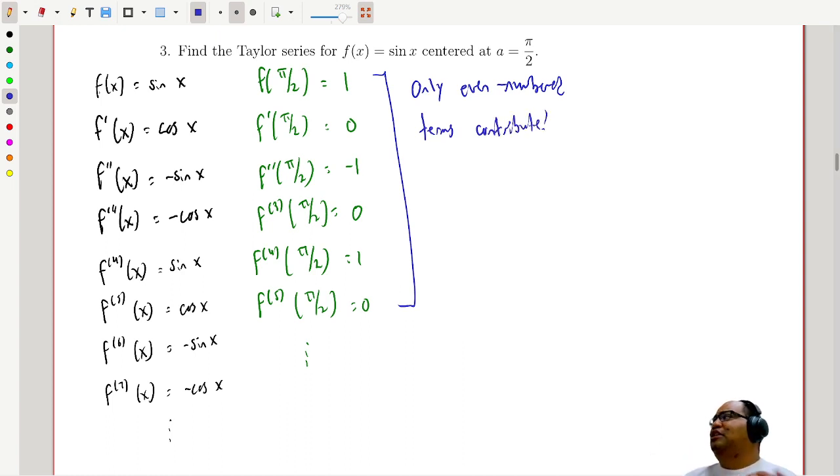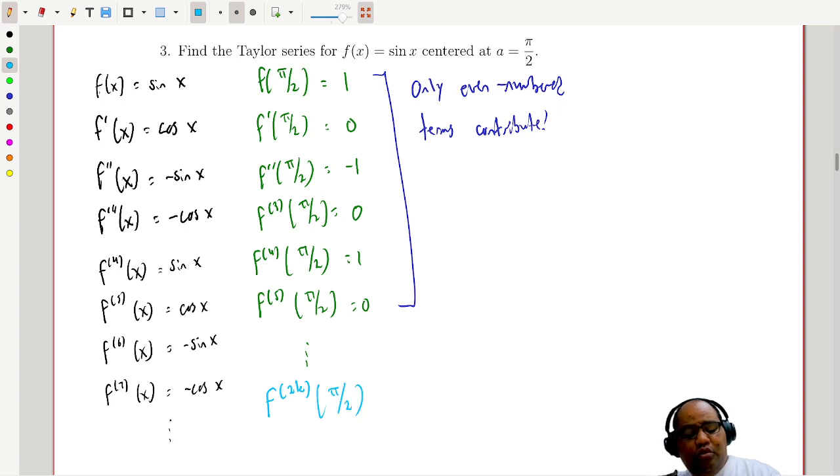Okay, so we're going to do a bit of clever relabeling here because I don't need the odd numbered terms. So if I take the derivative of this function, and it's an even numbered derivative, so this is going to be the 2kth derivative, say. Remember that an even number is 2 times an integer. And I evaluate this at pi over 2. Well, I'm still alternating in a plus minus pattern.